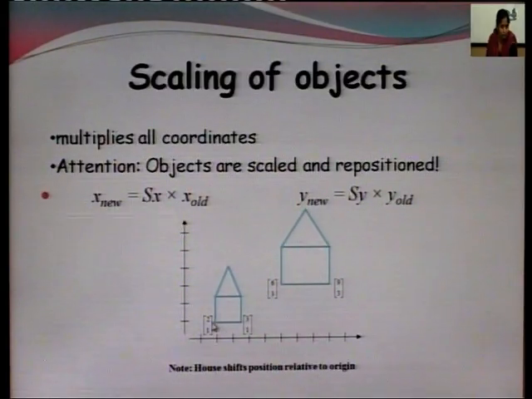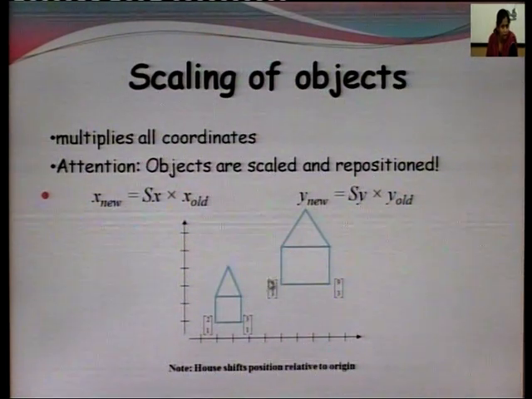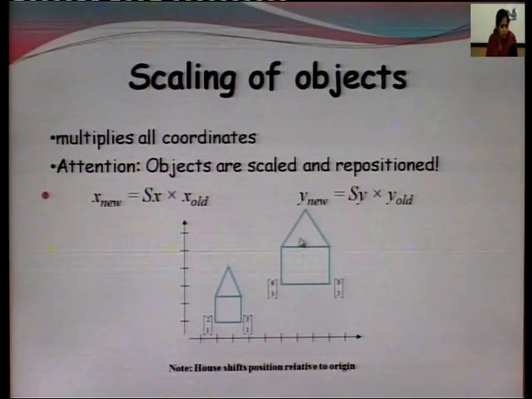So, if the original coordinate is (2, 1) and the scaling factor is 3, the new coordinate will become (6, 3), and for (3, 1), the new coordinate will become (9, 3). Similarly, the other points will be changed, and you redraw the object. Now, the result is the scaled object, which is 3 times bigger than the original object, but we wanted to perform only scaling, and this object is repositioned.